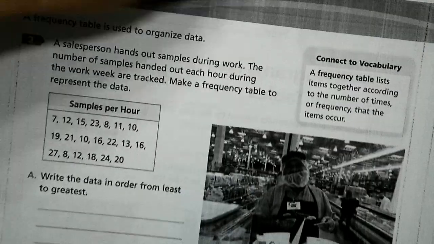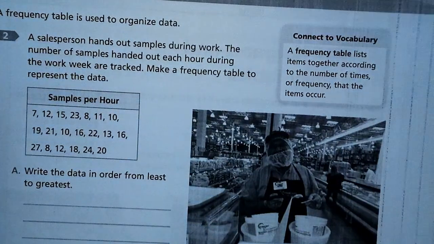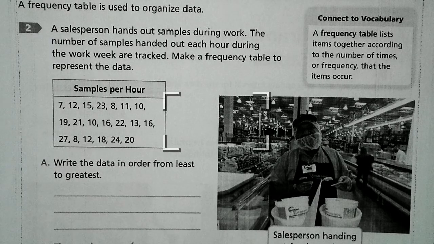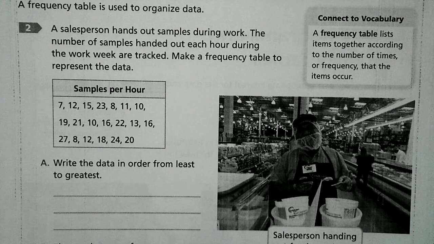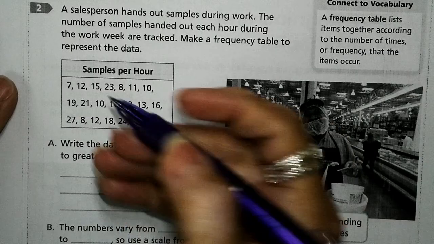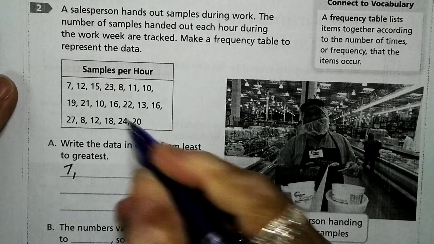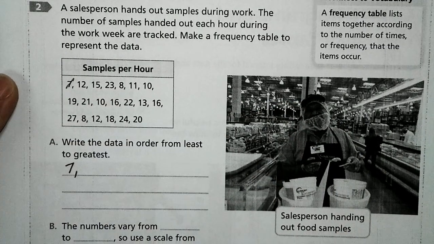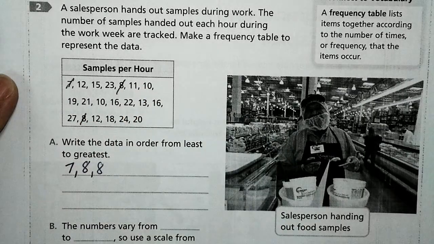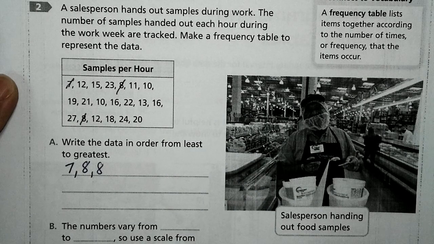So let's move on. So now we are going to create a frequency table. Okay? So the best thing sometimes to do is to put them in order from least to greatest. So it looks like 7 is the smallest. And then I cross them off as I go. And then it looks like we have 2 8s. Do we have a 9?